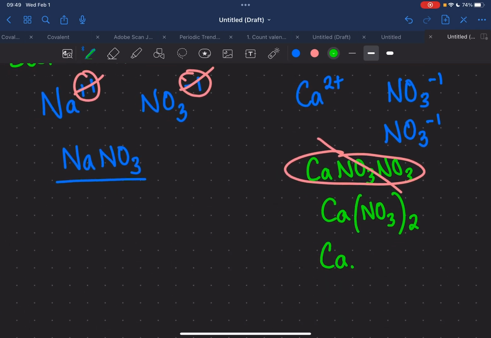Please do not write it like this, right? If you don't put the parentheses in there, well, now you're just saying that we have 1 calcium, 1 nitrogen, and 32 oxygens, which is way too many oxygens, because really we only have 6, right? Because we have 3 in this nitrate and 3 in this nitrate.